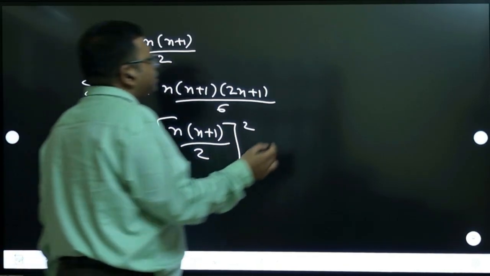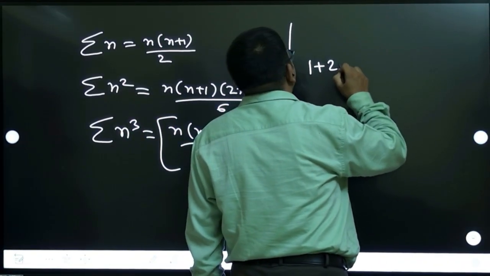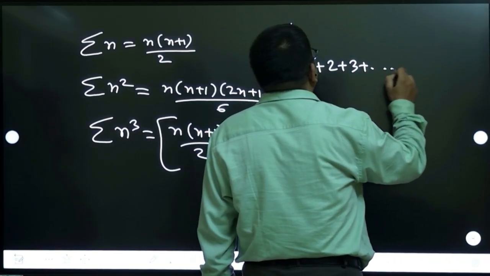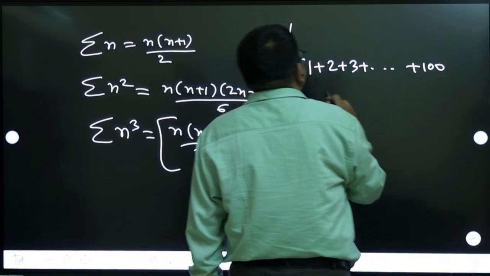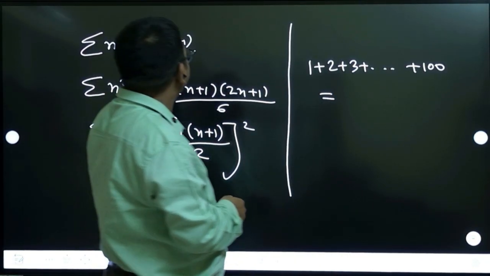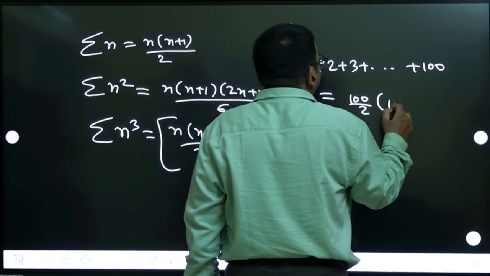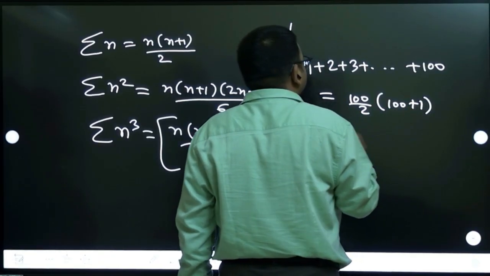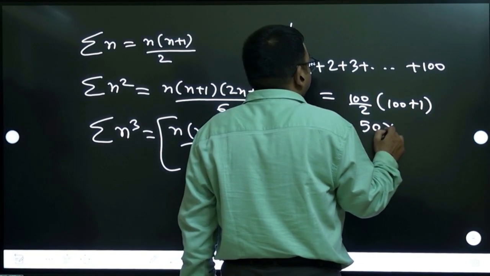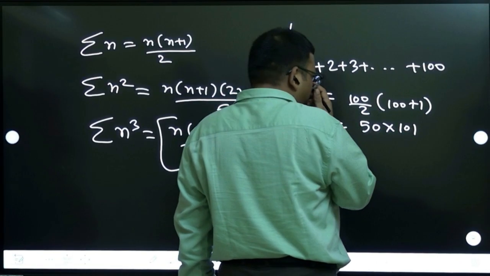Remember, for example, if somewhere in an application you want to add 1 plus 2 plus 3 plus up to 100, how will you add them? You will use this formula for the sum of the first natural numbers. So you will use 100 by 2 into 100 plus 1. This is 50 into 101, right?